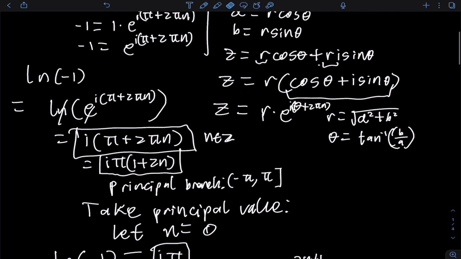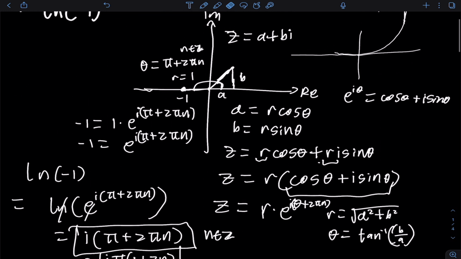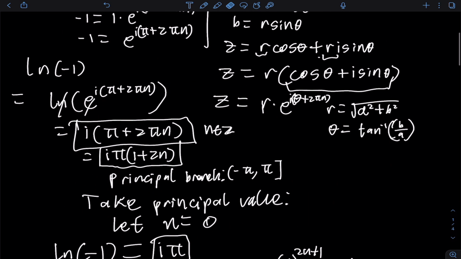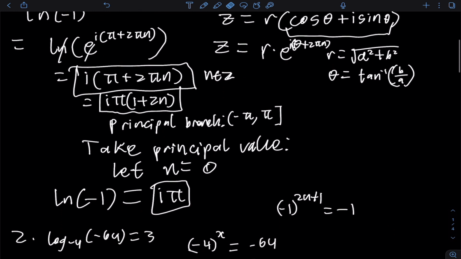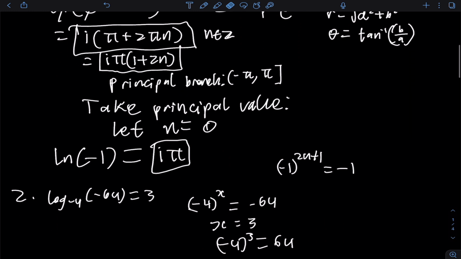So then what we saw is that the natural log of -1 is nothing but the natural log of the complex polar form of -1, which happens to be of base e to some exponent, and we know the natural log of e to something will just return that thing. So here we created a general form, and we made a note that the multiples will always be multiples of 2 pi, therefore meaning that n has to be an integer.